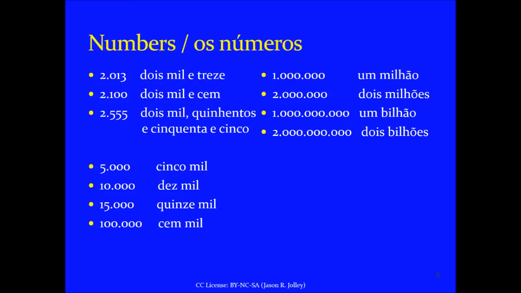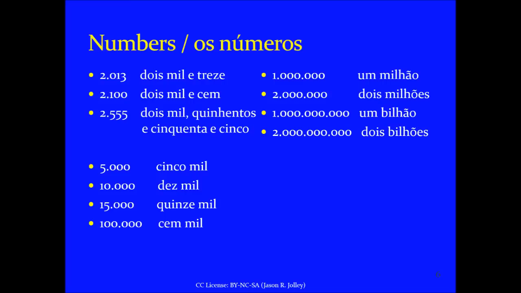2013, 2100, 2555, 5,000, you would of course have 6,000, 7,000, 8,000, 9,000, and then 10,000, 15,000, 100,000, 1 million, 2 million, for example, 2 milhões.